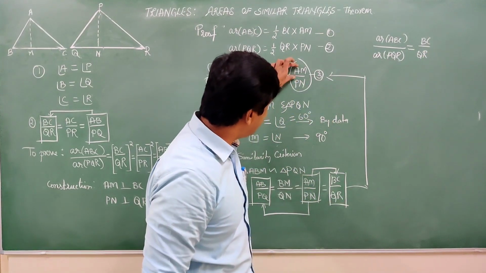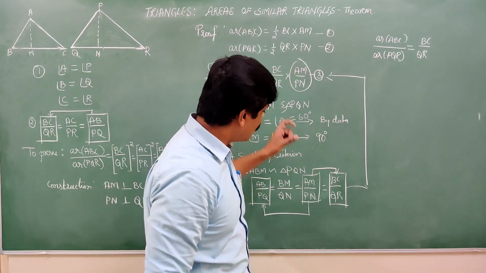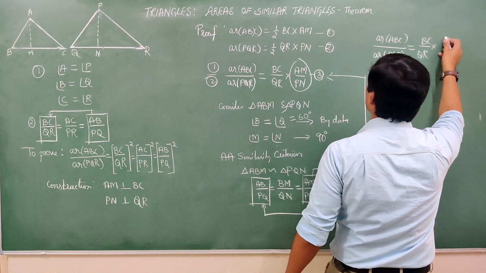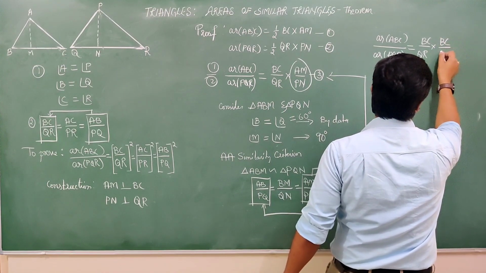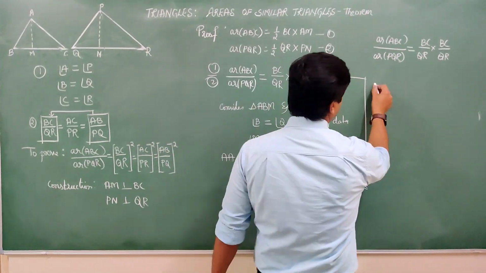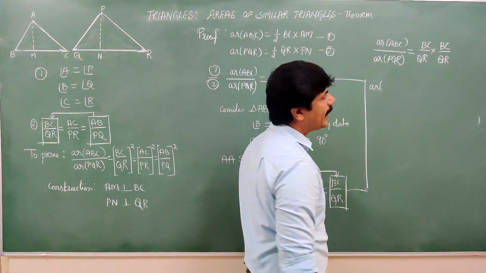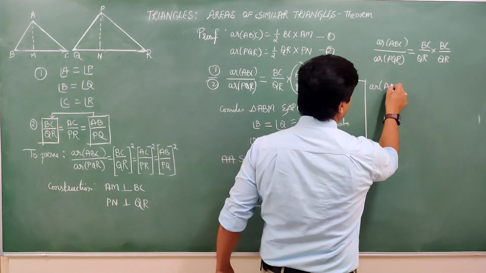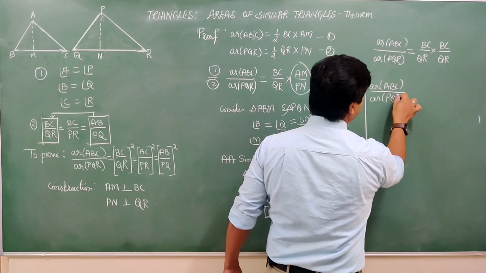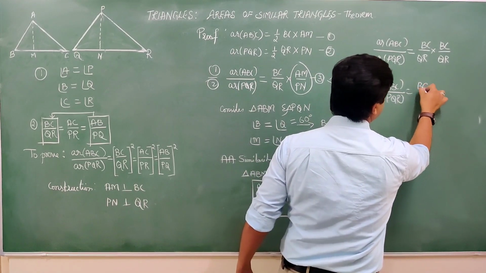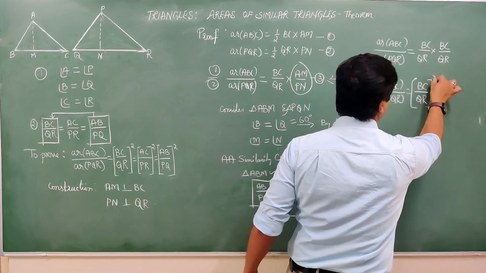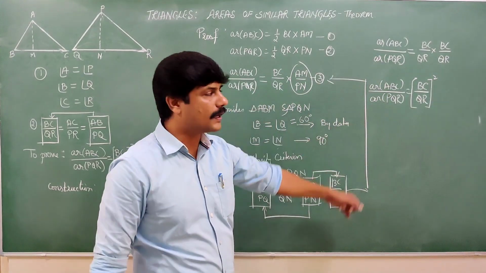Now in place of AM by PN, you are writing BC by QR again, because we have proved that. Now what is that? BC by QR into BC by QR, BC by QR whole square.